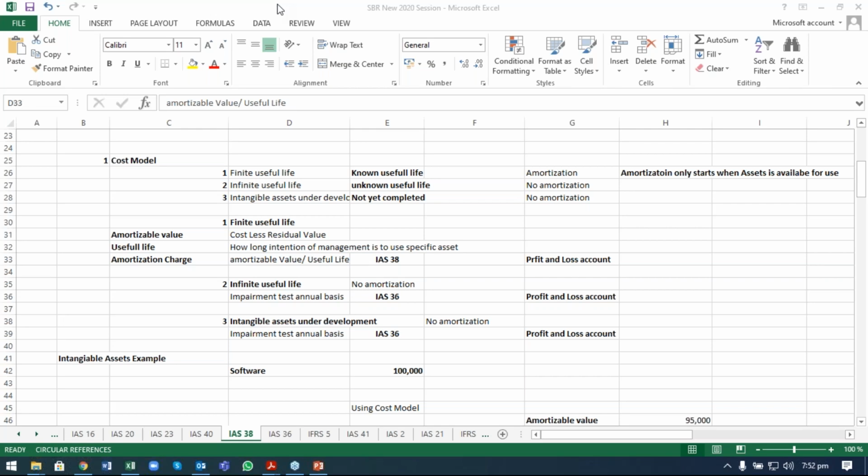If the software development company enters into a contract with the university, and the university has given the software company a project that it has to complete and deliver, then it's no more an asset of that software development house.